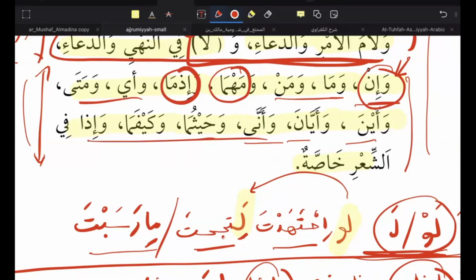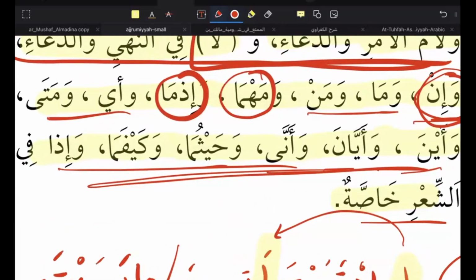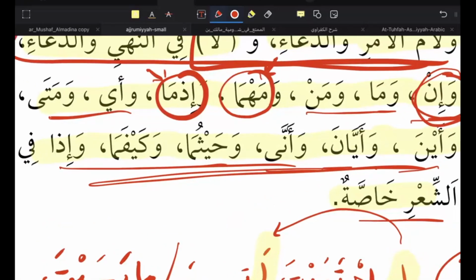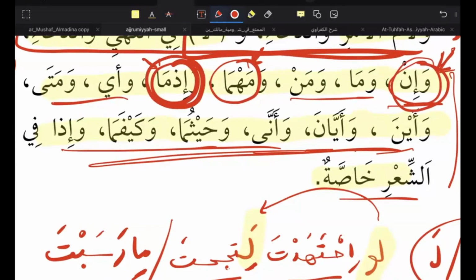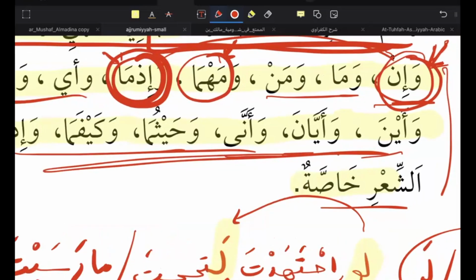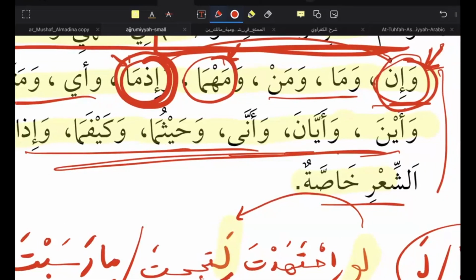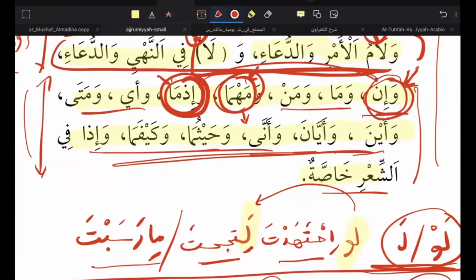There's no dispute. The dispute happens with idma and mahma. Forget about the dispute. The only thing you have to know is that idma is also harf. That's what Muhammad Muhyiddin wants to say, that in the correct opinion idma is harf. So there are two huruf, in and idma, and mahma is considered an isim. That's the only thing he is trying to say here.